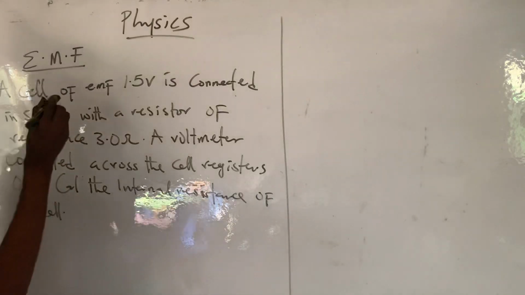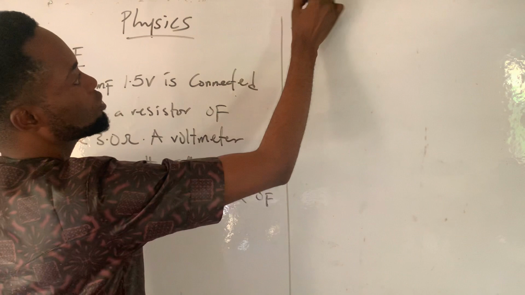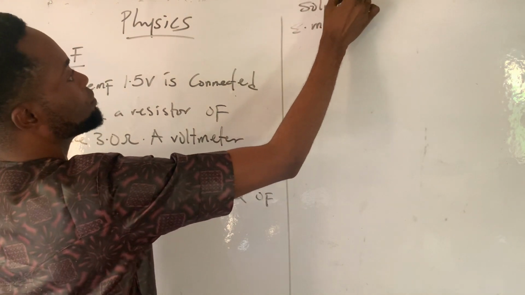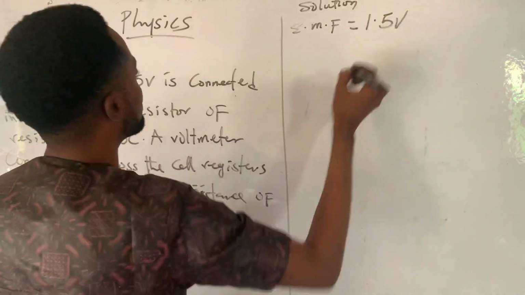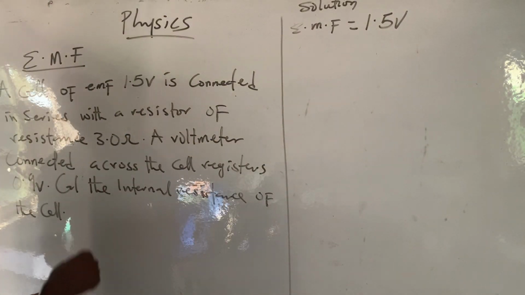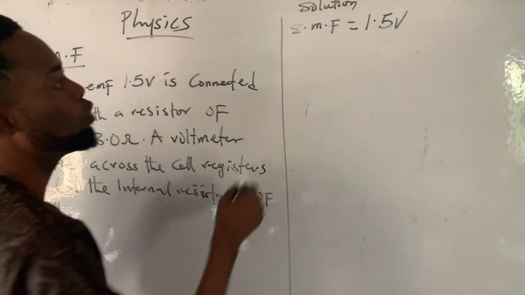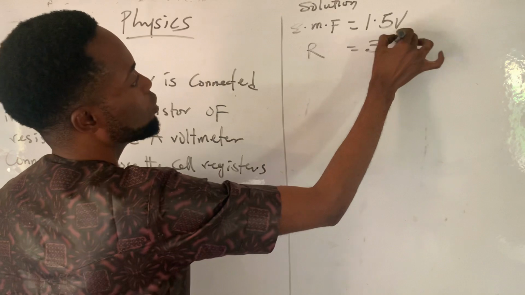Now see, a cell of EMF 1.5 volts. So we have EMF, EMF is 1.5 volts, connected in series with a resistor of resistance 3 ohms. So you have your capital R, 3 ohms.